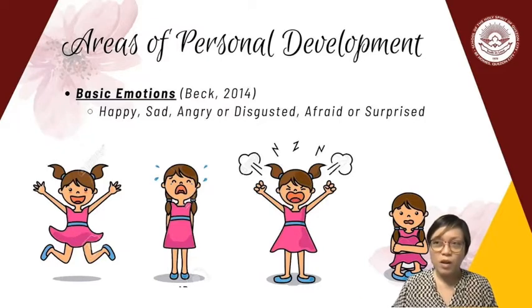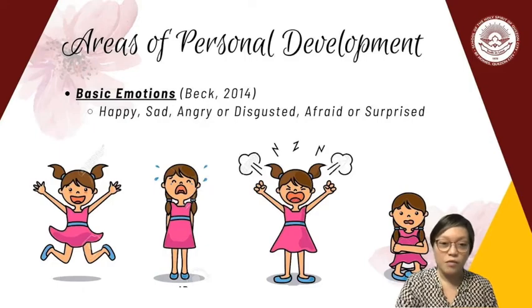For example, the emoji labeled as meh. During my time, I would feel meh sometimes, but I didn't know that's how it was called, meh, no? So yeah, there are so many different kinds of emotions. All the more, so many different kinds of feelings. All right, but these are the basic ones: happy, sad, angry or disgusted, and afraid or surprised.